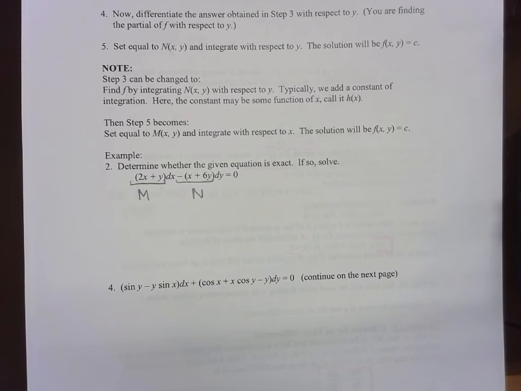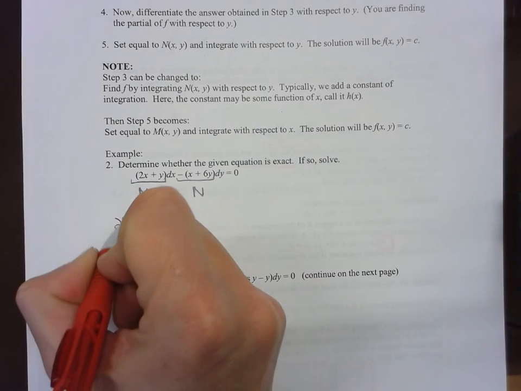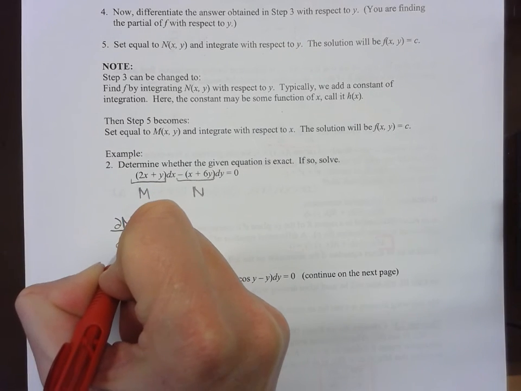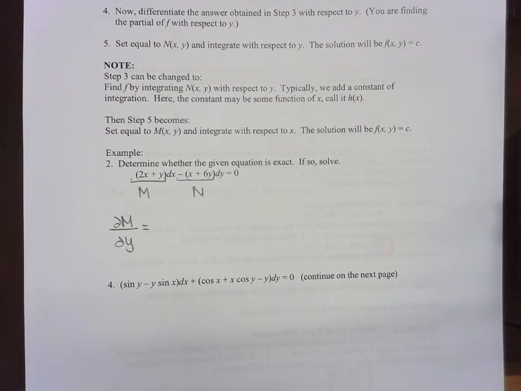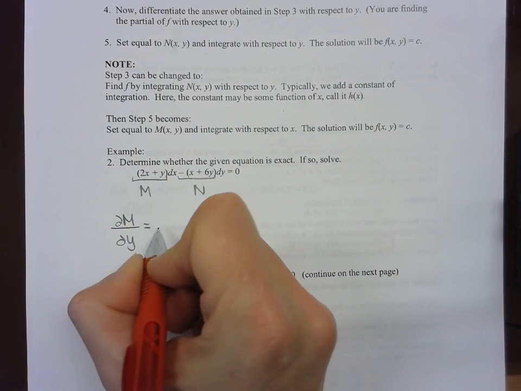So M is already in front of the dx, so what we want to do is check M's derivative with respect to the other variable, with respect to y. Remember, when we take the derivative with respect to y, x is a constant. So what will the derivative of 2x plus y be? Just 1, right? If x is a constant, the derivative of 2x is 0, and then the derivative of y would be 1.